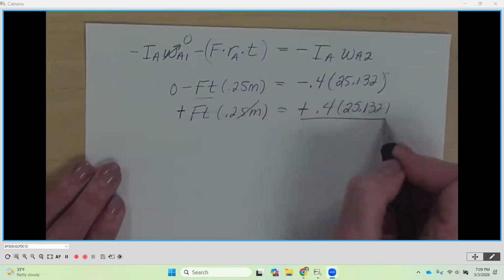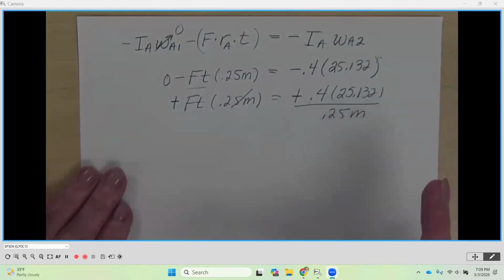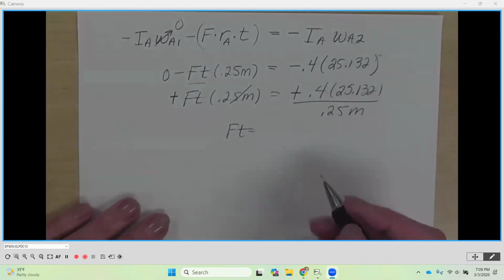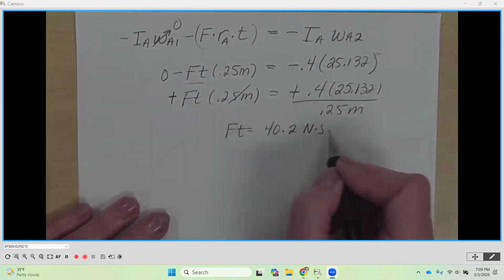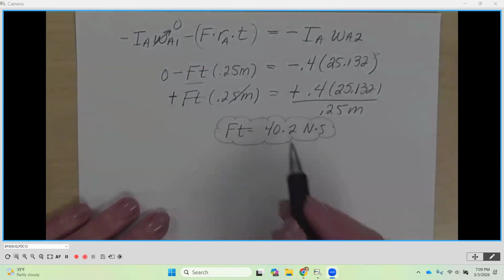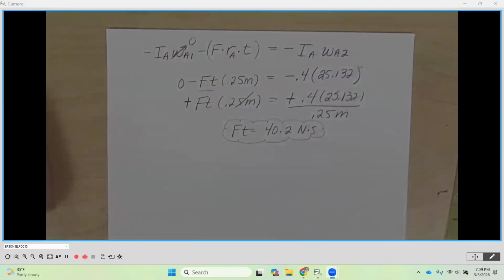But then we're going to divide both sides by 0.25 meters. And our F times T, our impulse, is going to be 40.2 Newton seconds. We're just going to put our little cloud around that because it's not a final answer, but we will use it in a little bit.